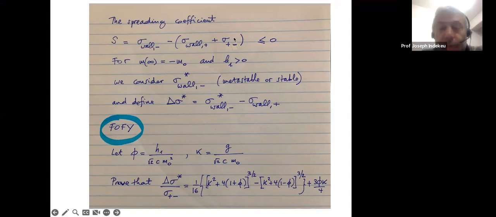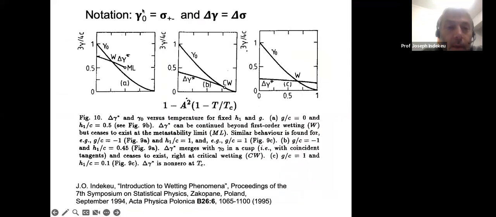And this can be seen here. So the sigma wall minus will have a discontinuity in the derivative, and so will the delta sigma star, called delta gamma star, because you see the equilibrium state is following this branch, and then the wetting transition takes place, and then the equilibrium value of delta sigma, delta gamma, is equal to gamma 0 from here on.